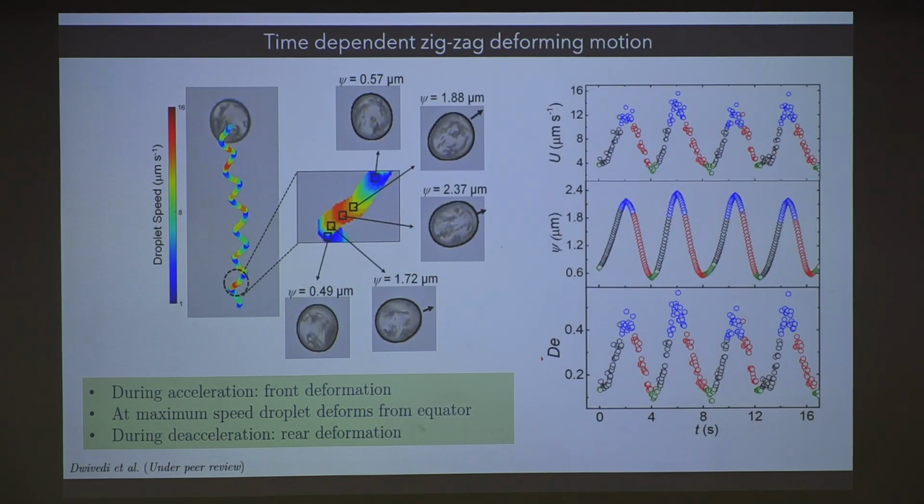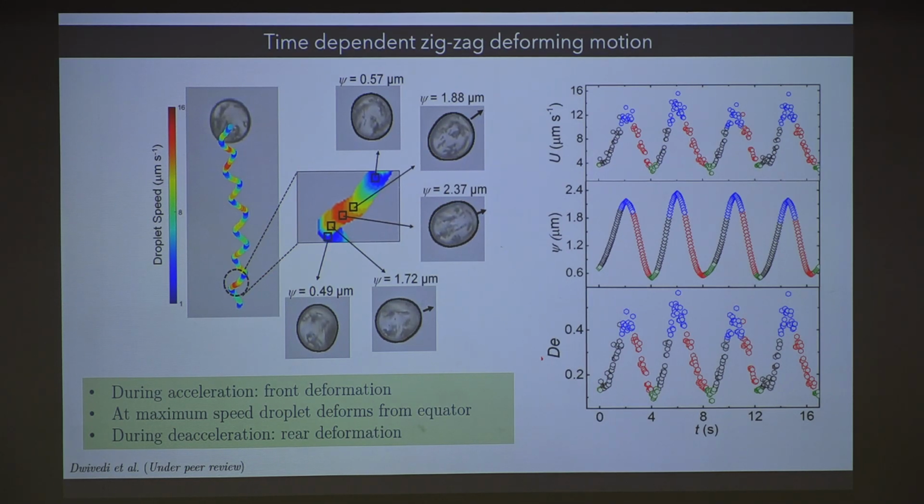To understand this further, we looked at the speed values, the Deborah values, and the deformation index values, and all of them oscillated with a particular time scale while remaining in sync with each other. At a particular cycle of this zigzag motion, we observed that the droplet started with the least deformation.